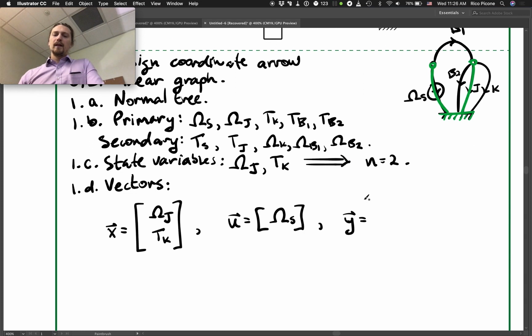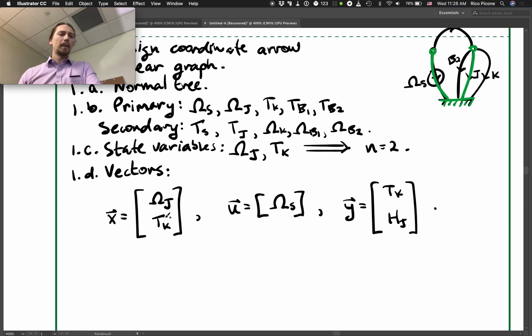So we have two values. One is the spring torque, Tk, and the other is the angular momentum of the moment of inertia, which we can call Hj. All right, 1e.